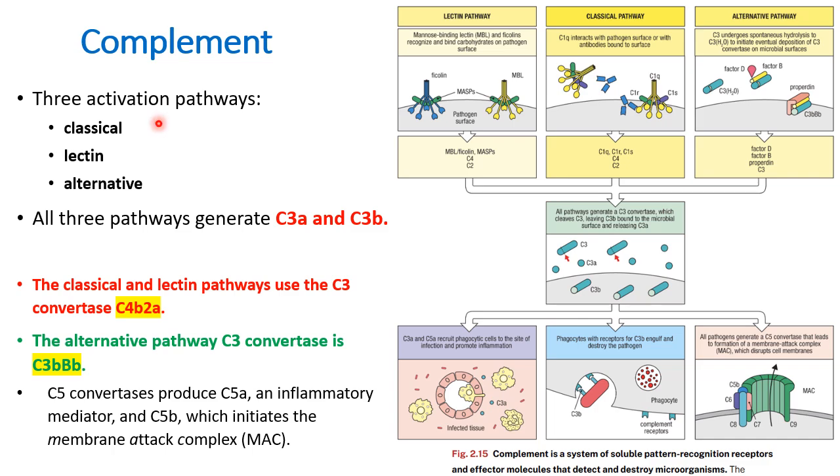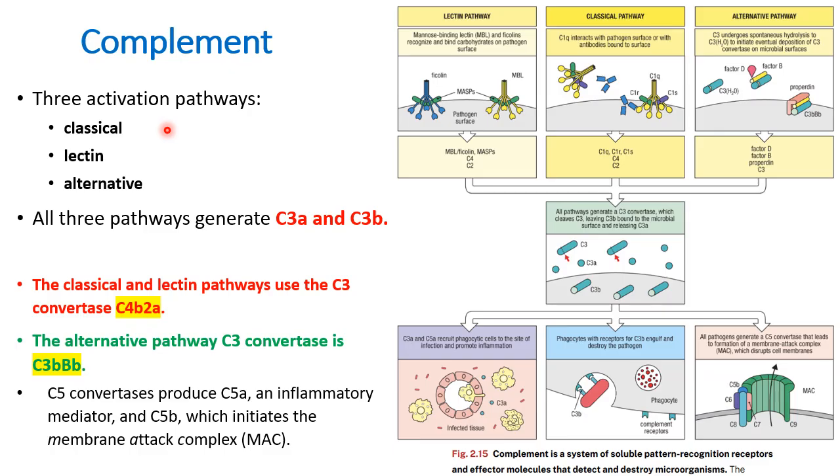So you have your classical pathway, and actually the classical pathway is called classical because it was the first one that was discovered, but it's actually the third pathway that comes into action, because this pathway depends on the production of specific antibodies, right? So this is the one pathway in complement that depends on your adaptive immune response, right?